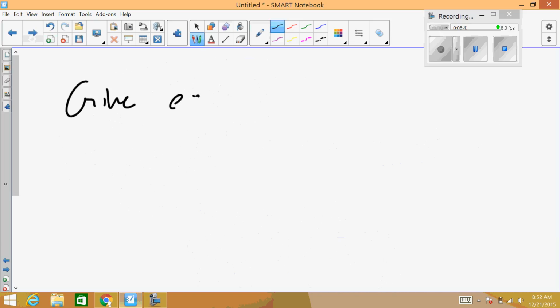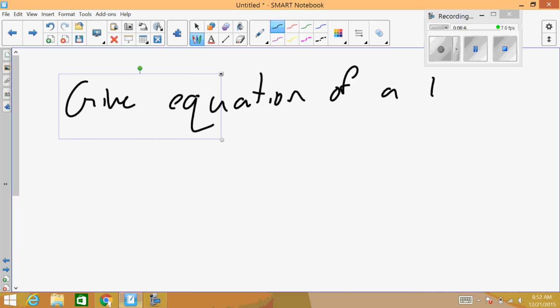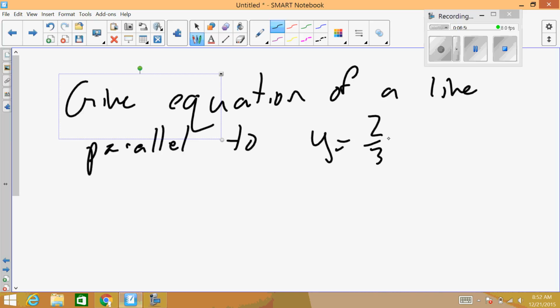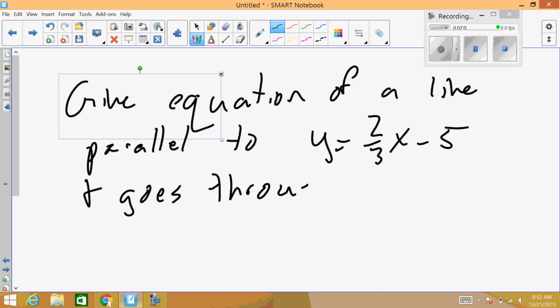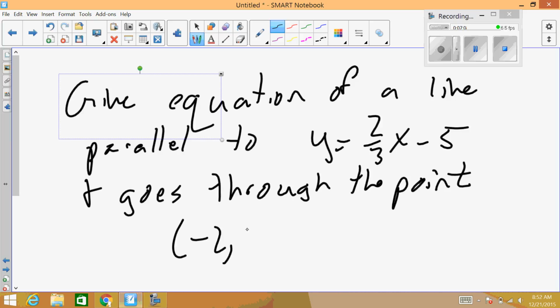Give the equation of a line parallel to y equals 2/3 x minus 5 and goes through the point -2, 6.